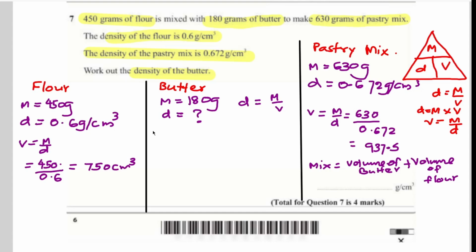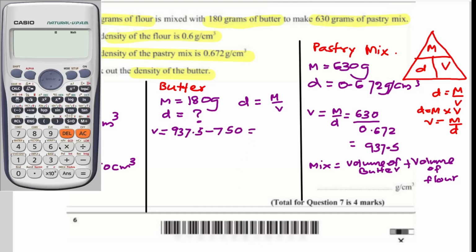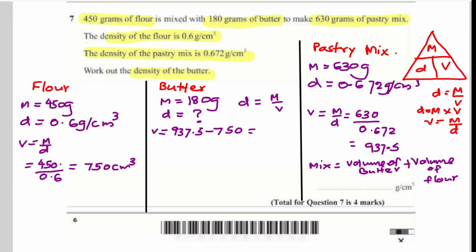So I'm going to get the volume of butter, which is 937.5 minus 750, which gives out 187.5 cubic centimeters.